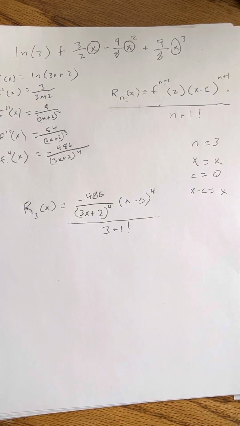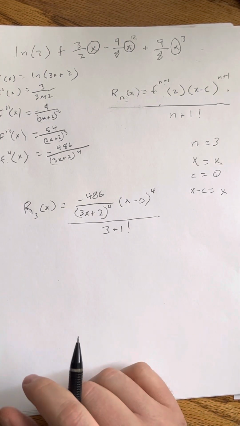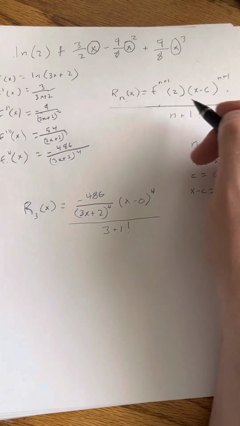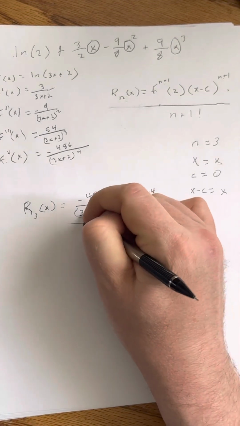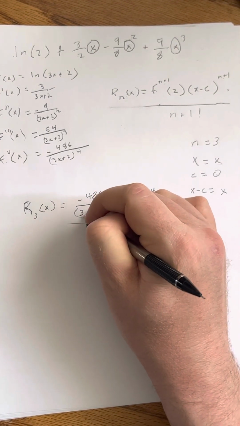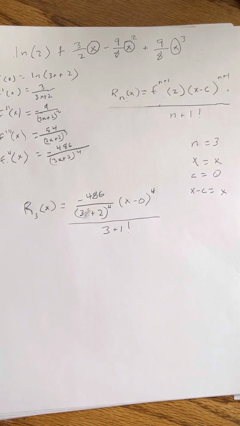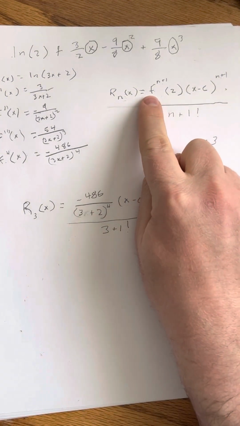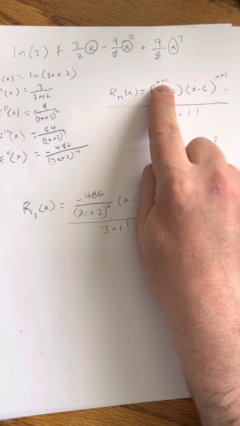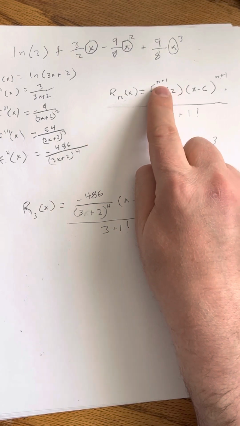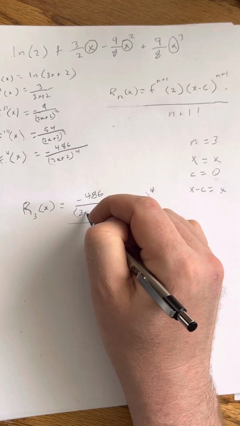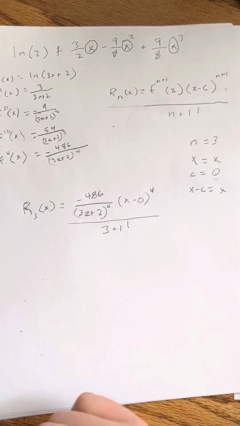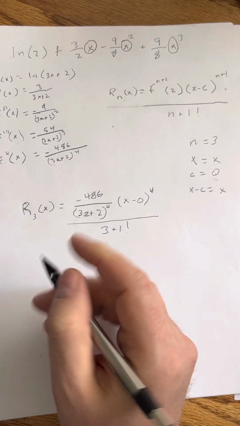So, where does the c come in? Well, it's actually z. So this should actually be a z right here because it's the derivative of the n plus 1 at z. So this is z, and that's x. Okay, so let's reduce that.